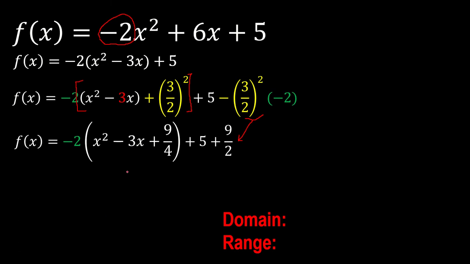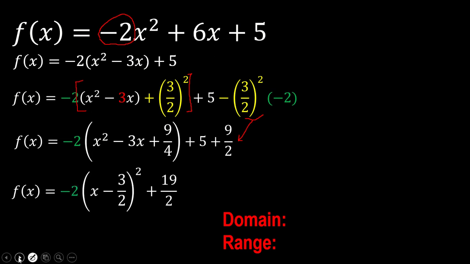Again, we can have the square of a binomial here. x squared minus 3x plus 9 over 4 can be expressed as (x minus 3 halves) squared. So we have negative 2 times the quantity (x minus 3 halves) squared, plus 5 plus 9 over 2, which is 19 over 2.